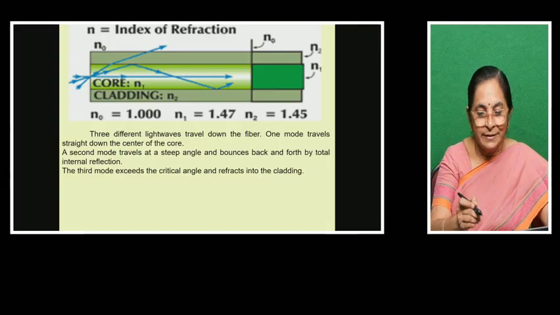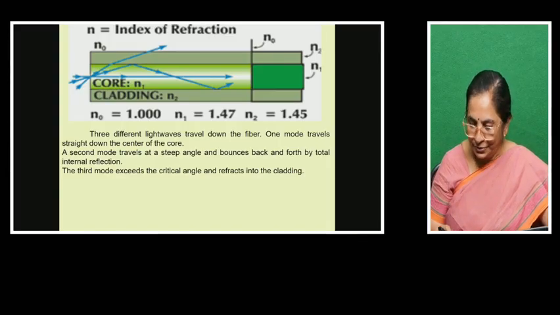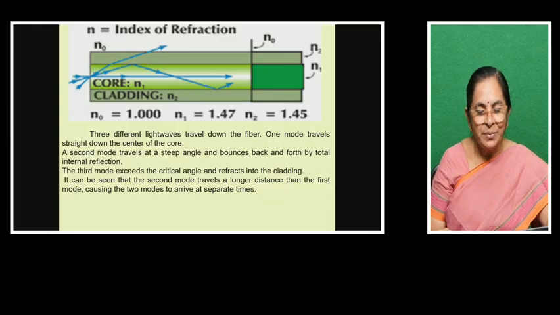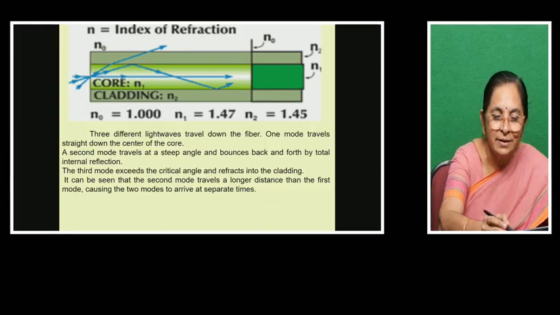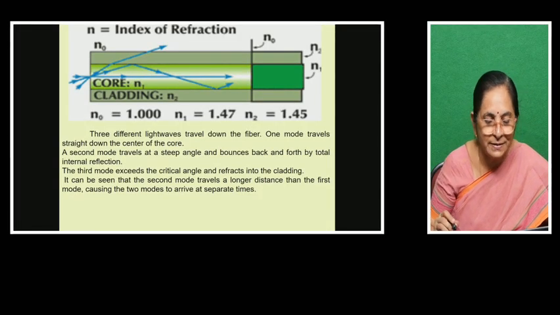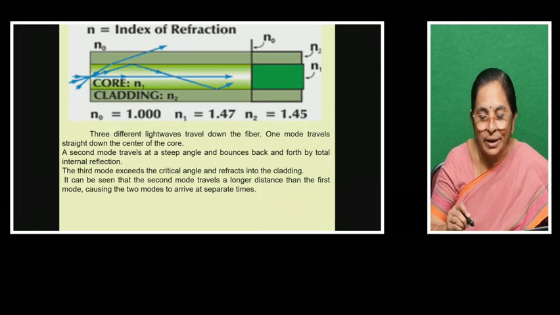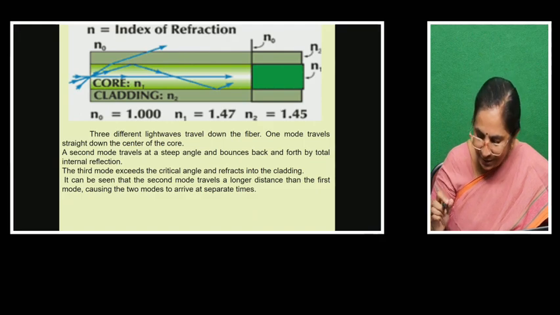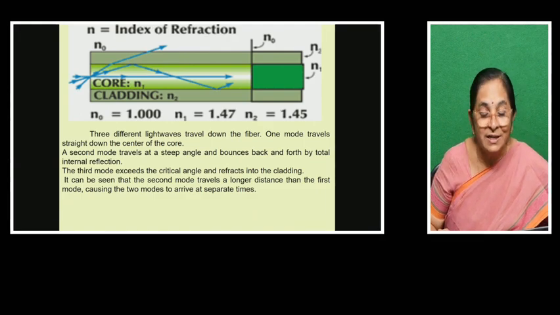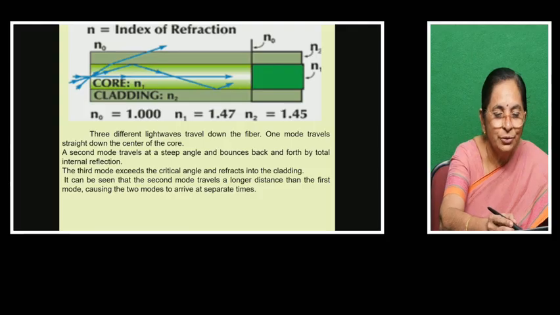The third mode exceeds the critical angle and refracts into the cladding. So it can be seen that the second mode travels a longer distance than the first mode, causing the 2 modes to arrive at separate timings. This is what we refer to as dispersion. You can see the 2 rays.